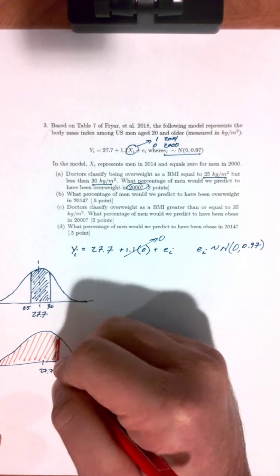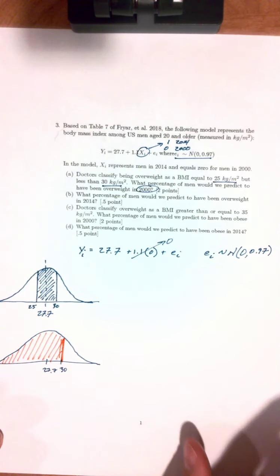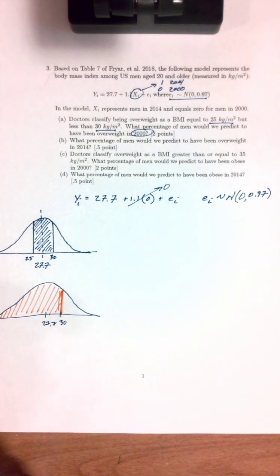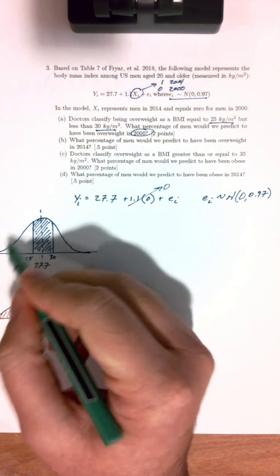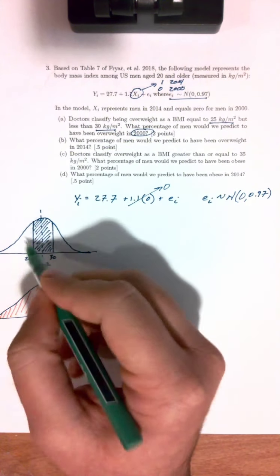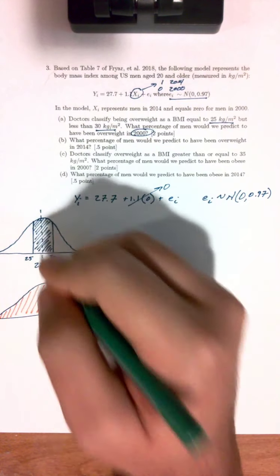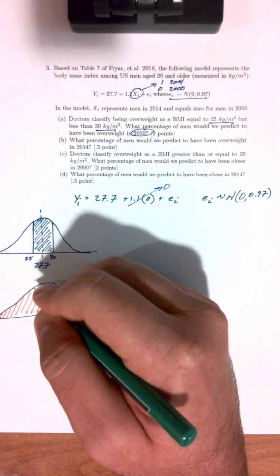So that gives us our first boundary. And then once we have that, we're going to need to subtract out the probability associated with this white space over here. This white space is not included in our probability. So we need to subtract it from this orange part here.